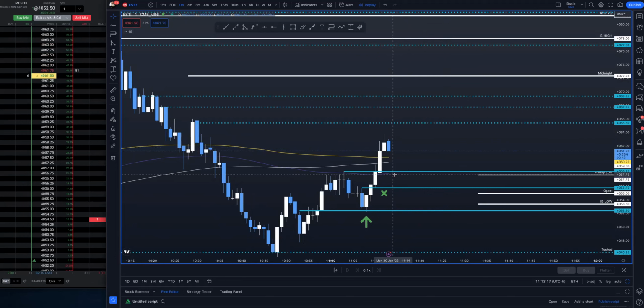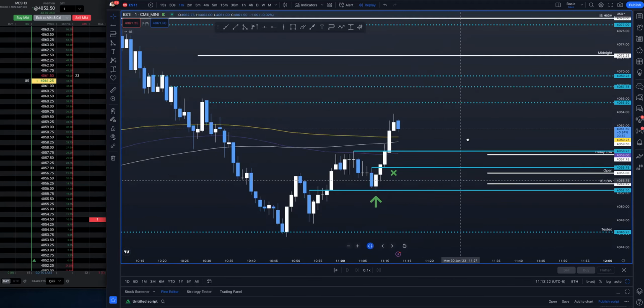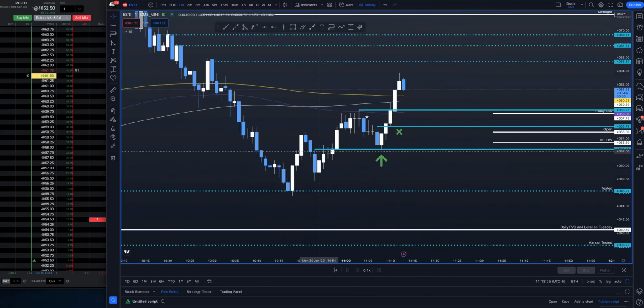You know, laddering up, and I went small. Why? Because it was a second ladder up deep in the range, in my opinion. It pulled way back. We got no backside development. We knew we had these averages as a tough area. It took fair value gaps to get over them. So when it pulled back to the front side, I did take it, but to me, I was like, all right, I'm going to go small.